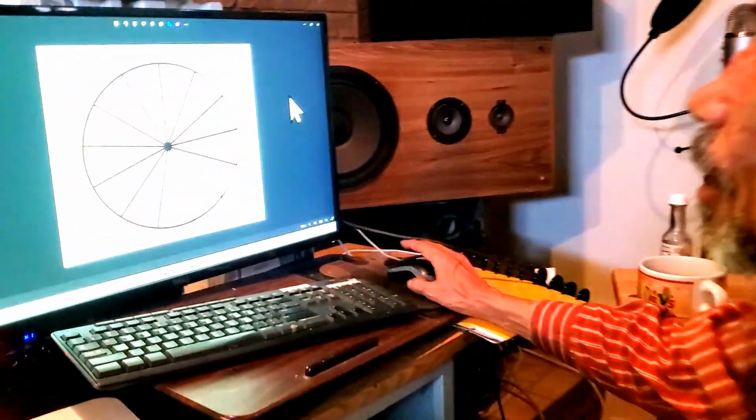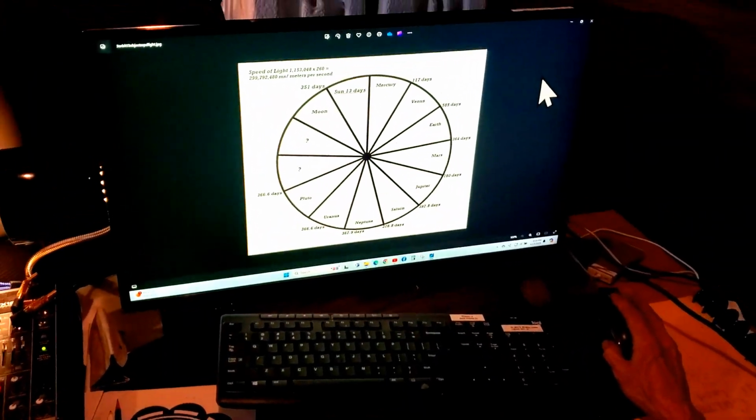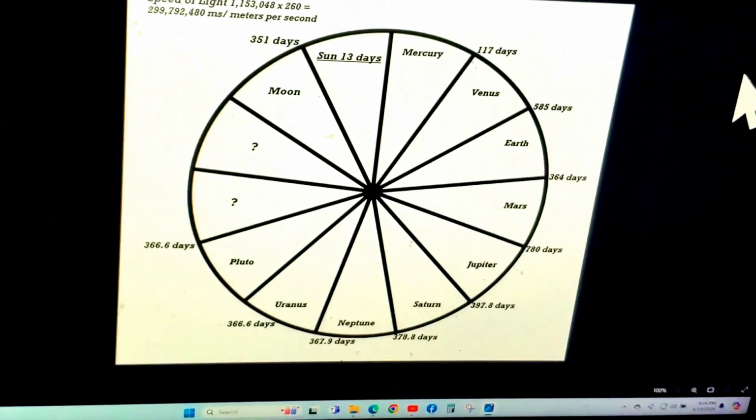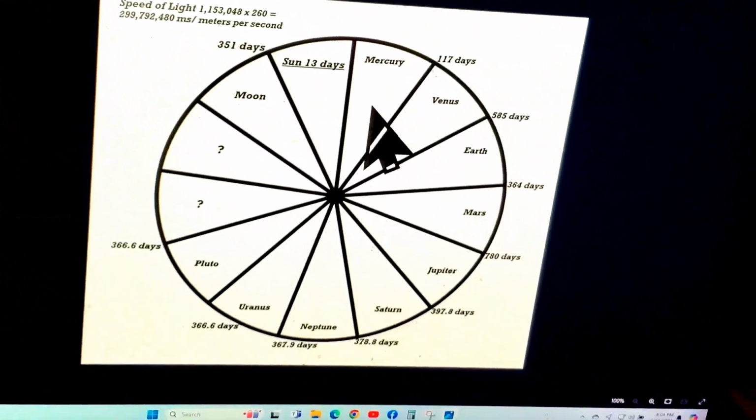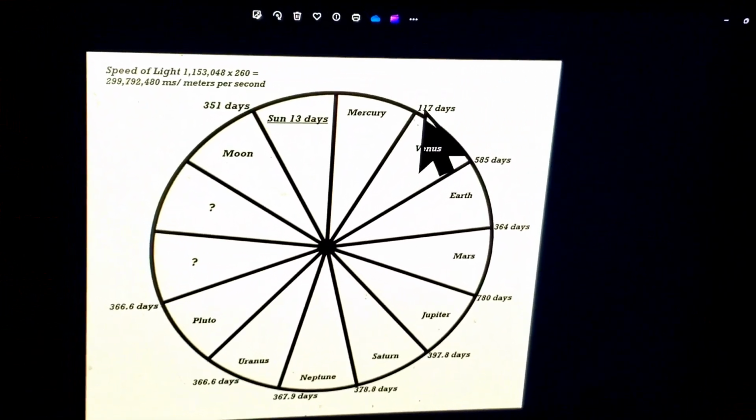Well, I should say our indigenous universe, because I can't say our modern universe because they use 12. So I guess I'm probably right saying our indigenous universe. Maybe down the road they'll adopt this when they find out that I'm right. But remember I was talking about Mercury, and that's 13 times 9 is 117 days. There's Mercury, 117 days.